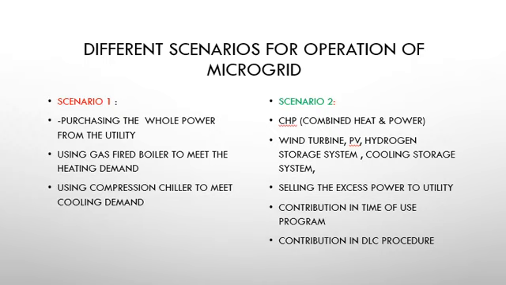But in the second scenario, the microgrid can use CHP, wind turbine, photovoltaic system, and a storage system, and also, in both scenarios, the program of selling the surplus power to the utility, and also contributing in time of use and DLC procedures.